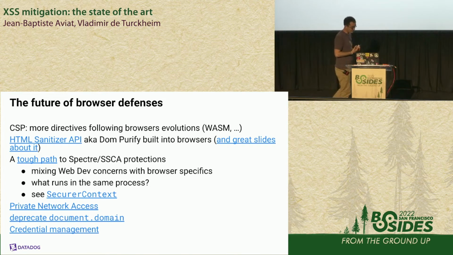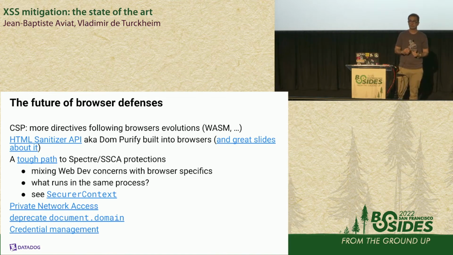But if we consider that from the web point of view, that makes it very hard, because as a developer, you need to understand the security model of the browser, and you need to know whether an iframe is loaded in the same process, whether a subdomain is loaded in the same process or not, and all of that makes it very, very hard for web developers to cope with the implementation of each browser, obviously.